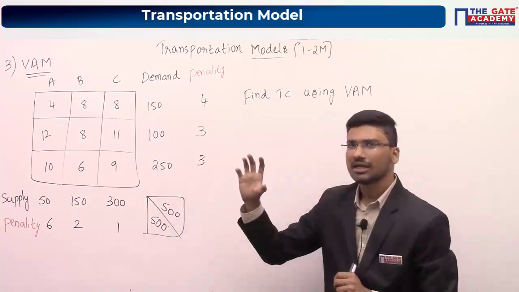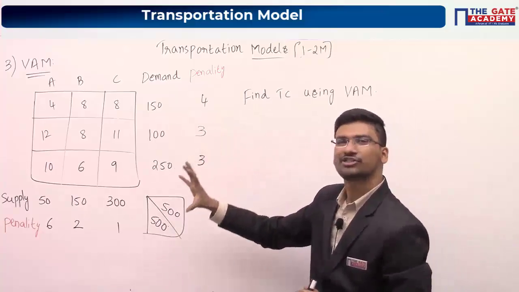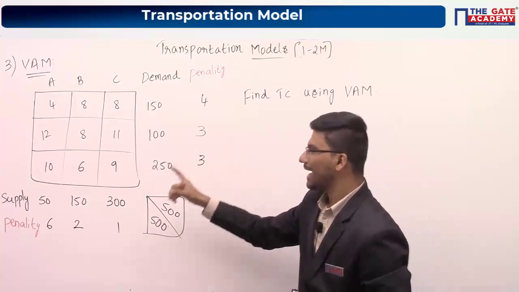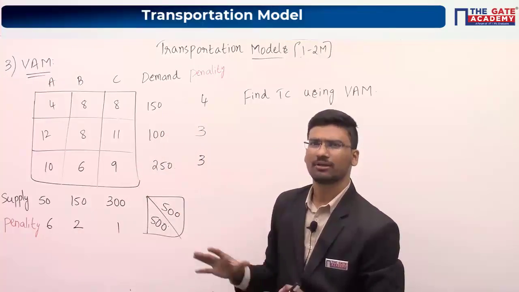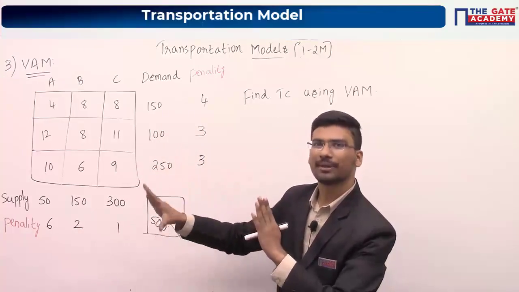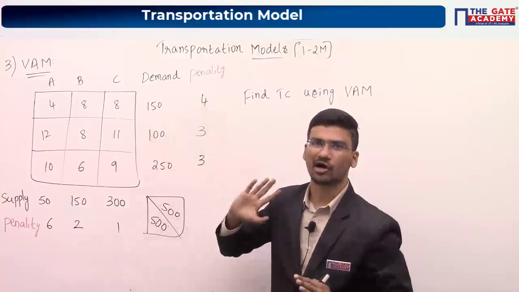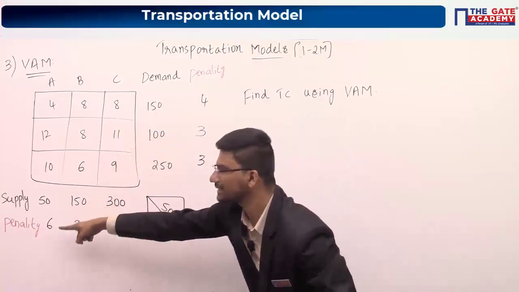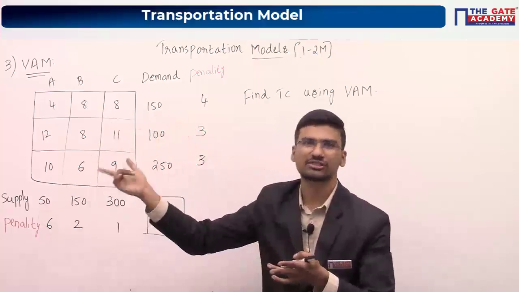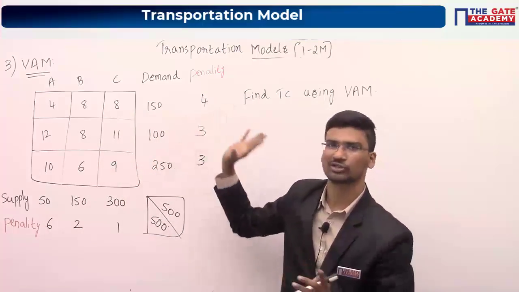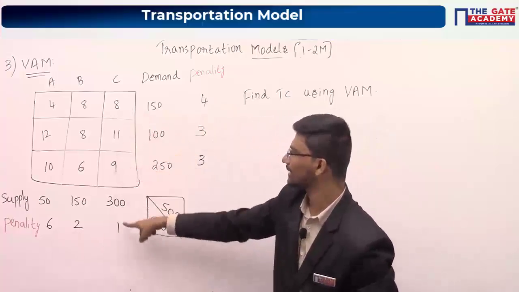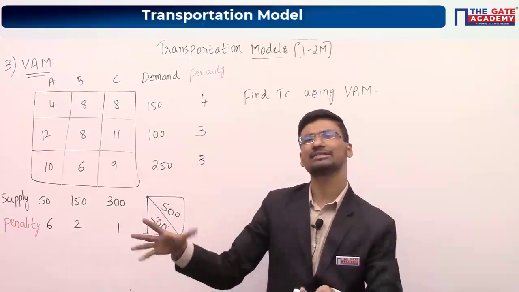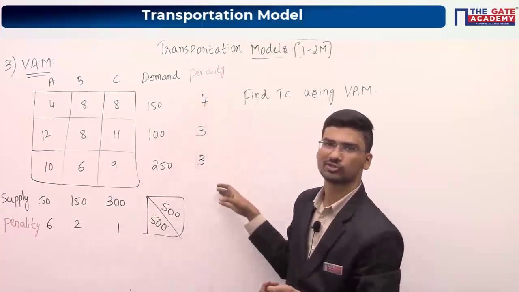Now you tell me, where should I allocate? In the maximum penalty column or the minimum penalty column? See, your maximum and minimum penalties may be in a row or in a column. Here the maximum penalty is in a column, right? Maybe in some other questions, your maximum penalty may be in rows also. Here both maximum and minimum penalties are in columns, but in other questions they may exist in rows also.